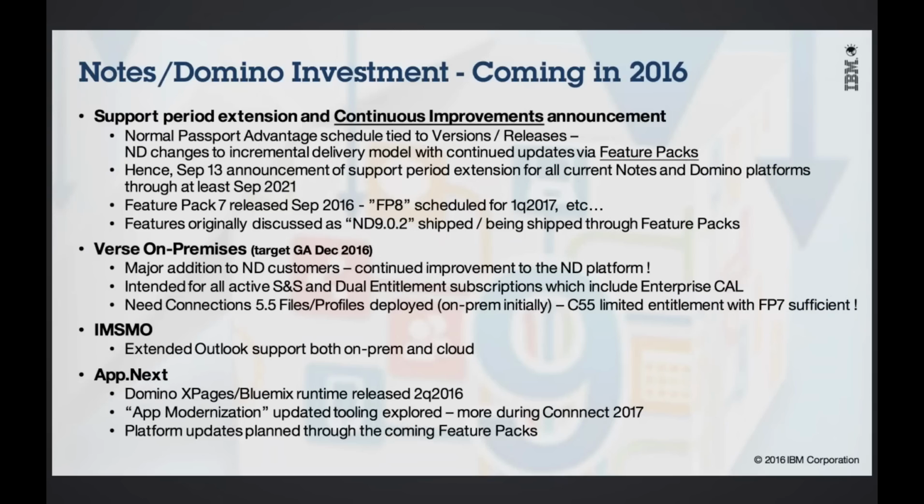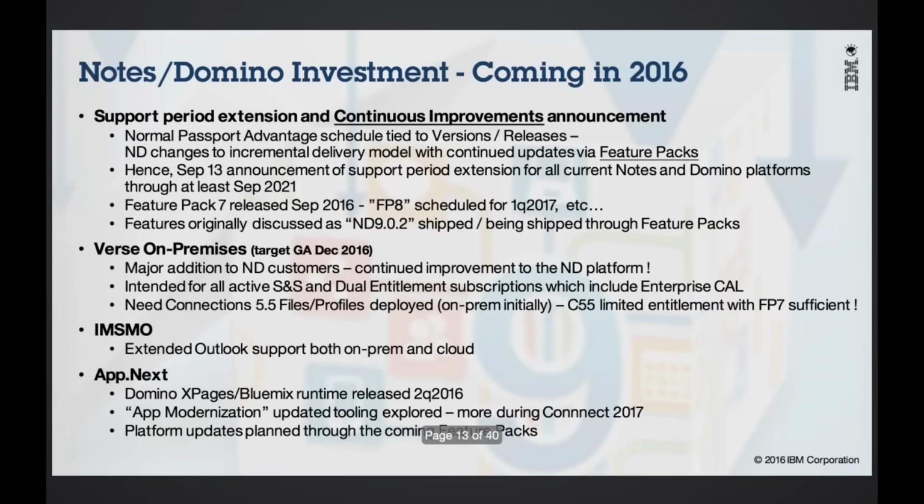And you're going to see much more around that during the Connect 2017 event in San Francisco in February next year. But there are a number of platform updates that are very key, and a key element also of the whole modernization of that platform, that are planned through some of the near-term feature packs, as we will discuss and show you a little later.